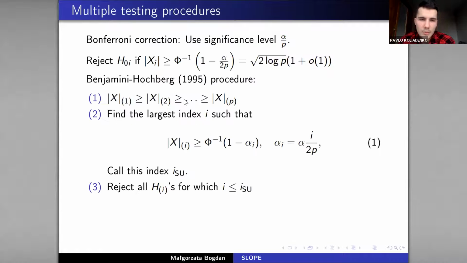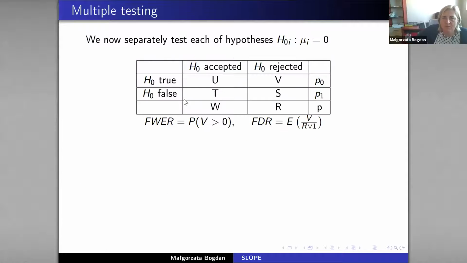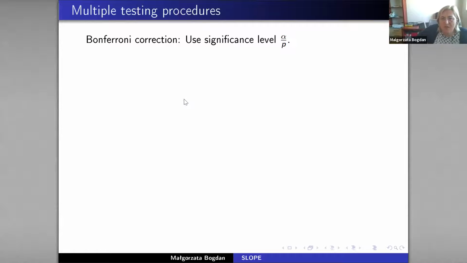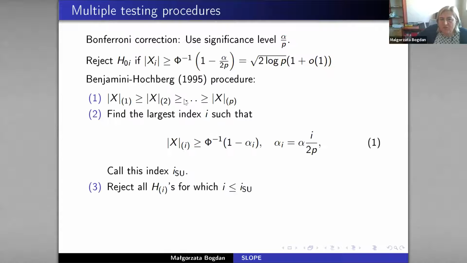Can you tell what is X and what is mu? We are still using our model. Our model is such that xi comes from a normal distribution with mean mu i and variance 1. So xi is a statistic which you can obtain by a t-test or otherwise.